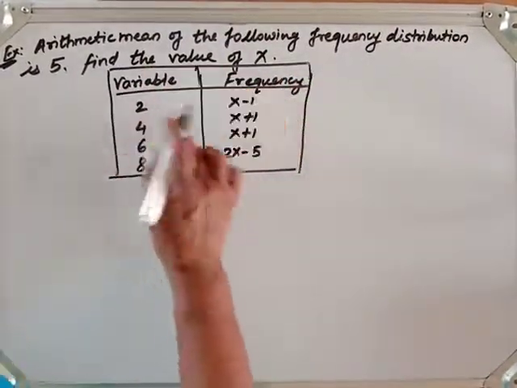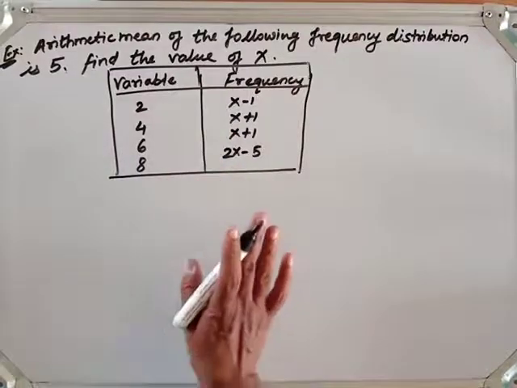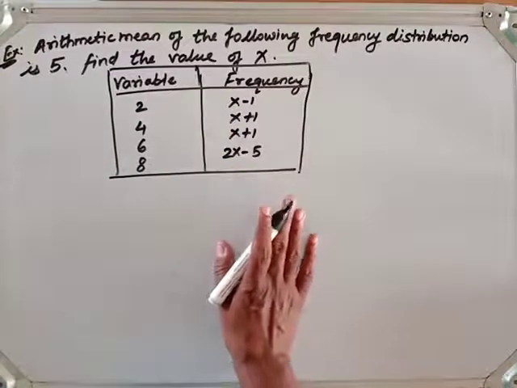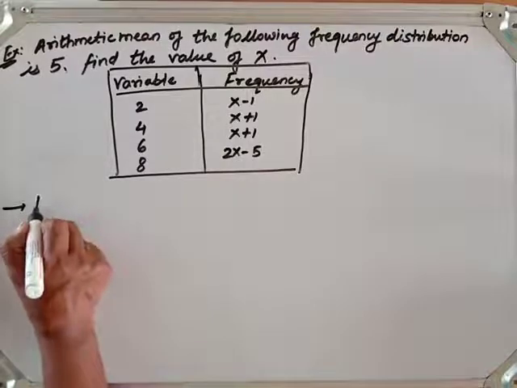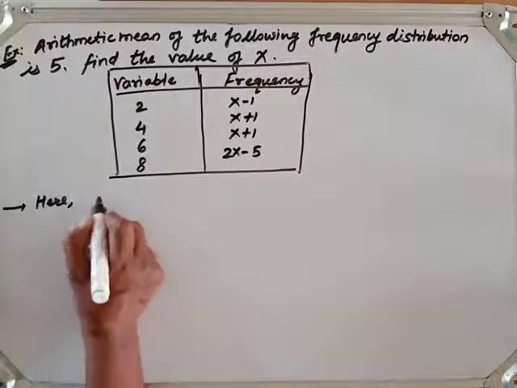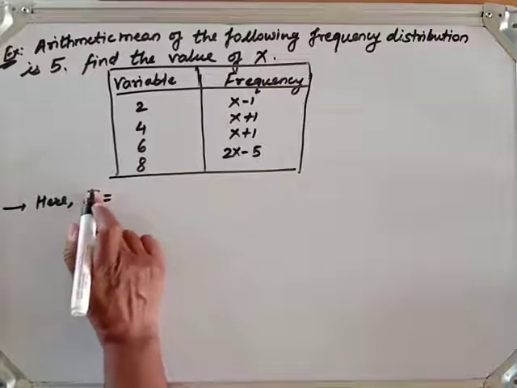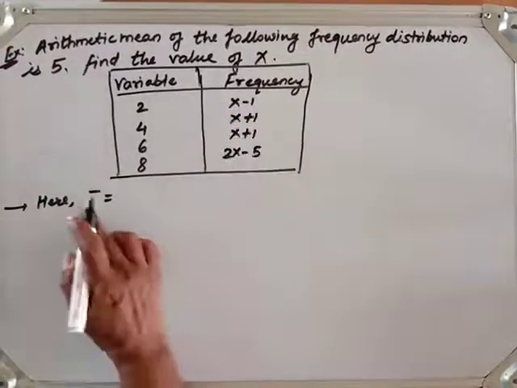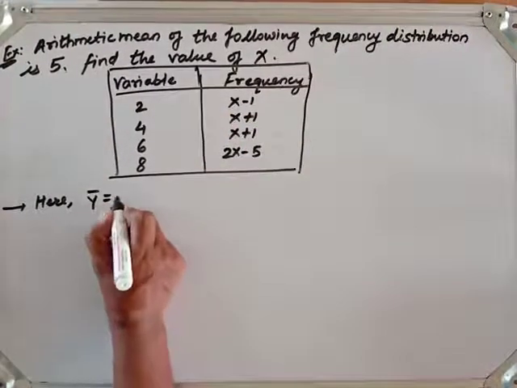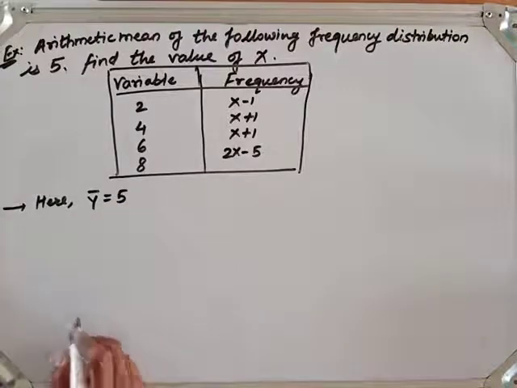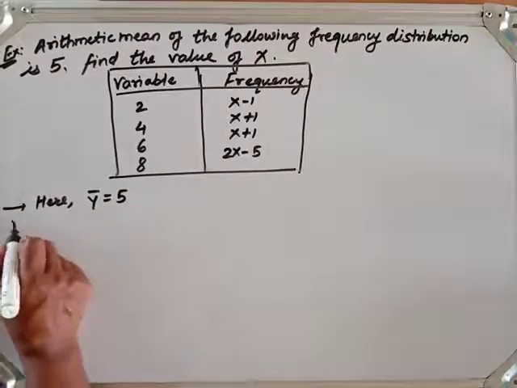Clearly it is a discrete series, so we use the formula for discrete series. Here the mean is given to us. Here x is already used, so let me write y. Y bar is 5.